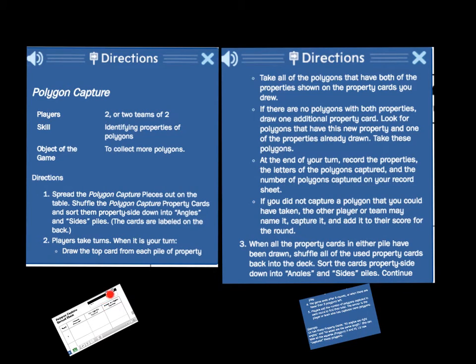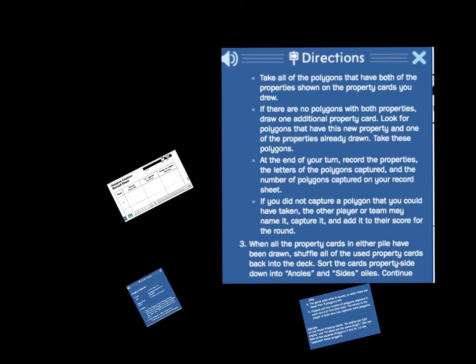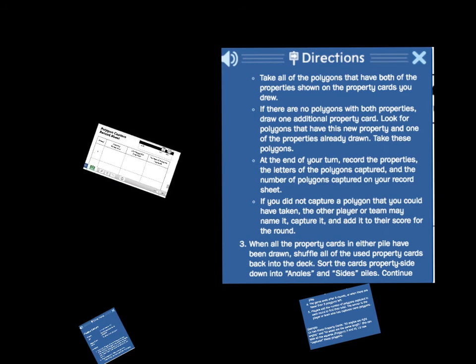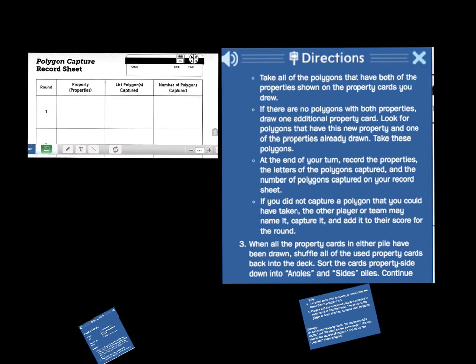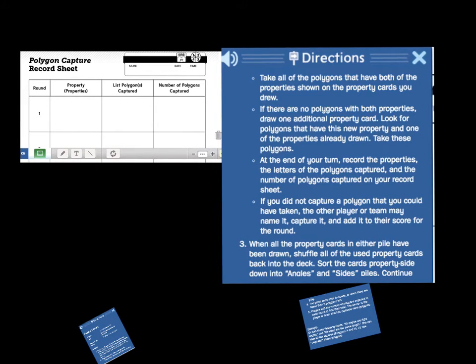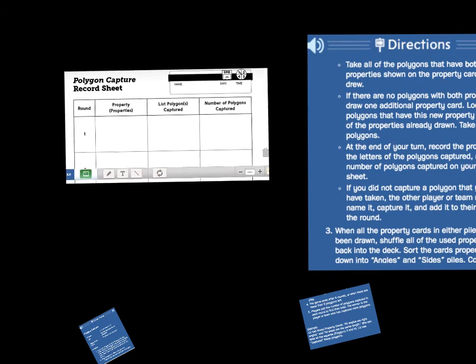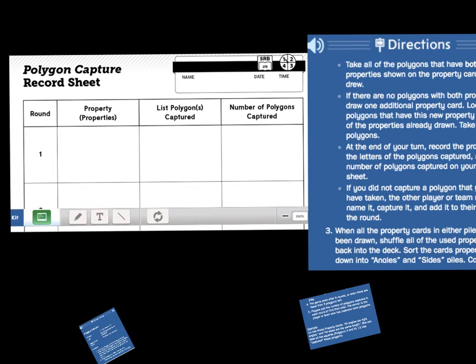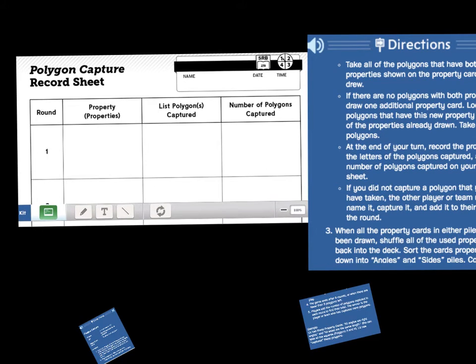So you'll have a game sheet. Whoops. That just disappeared. Let me pull that up and make it a little bit bigger. I know that's a little small here. Let me scoot that over. Okay, so this is just a sample of the very top part of your record sheet.